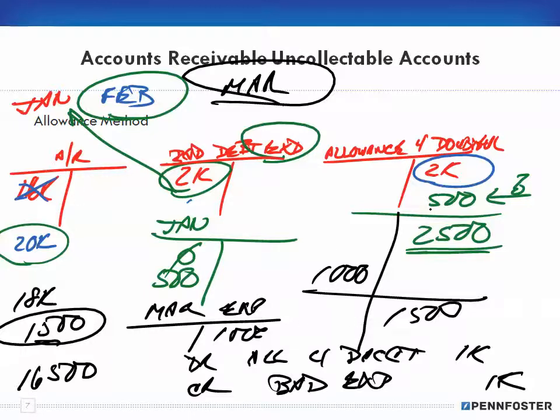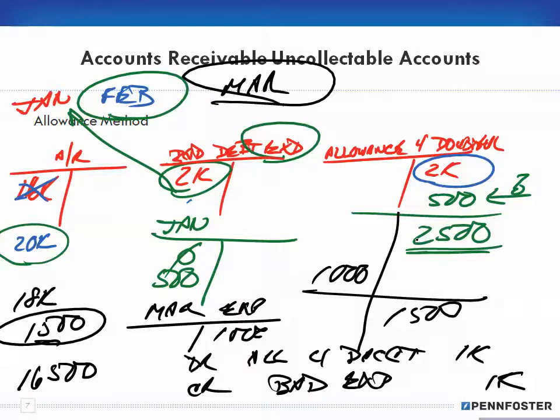What I'm trying to do is get you to realize that you're going to look at your accounts receivable and see the balance. Depending upon the method you use will determine how much you're going to write off. What you decide to write off should be the balance in your allowance for doubtful account. When you look at the balance in your allowance for doubtful account, you have to figure out how much you're going to adjust that account for in order to make it match that balance.